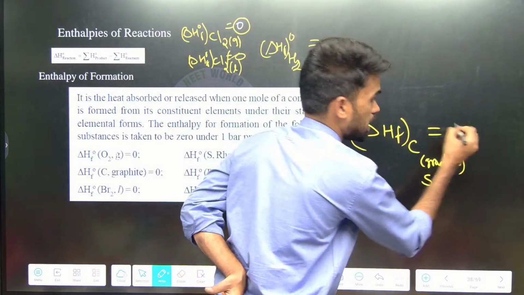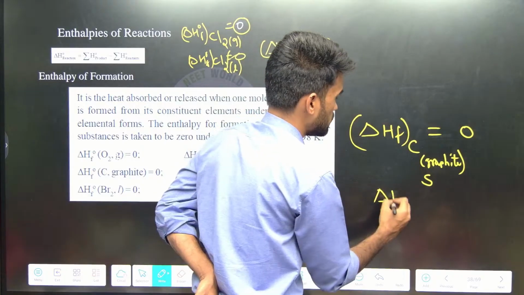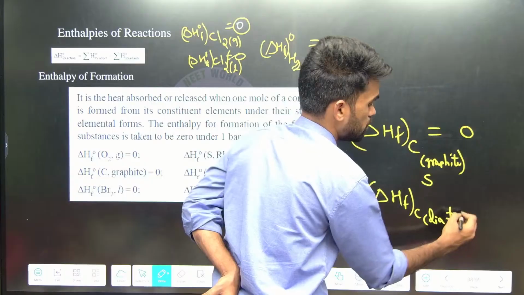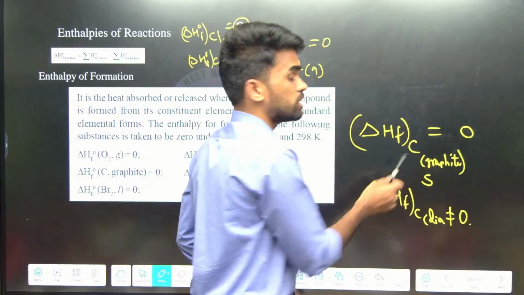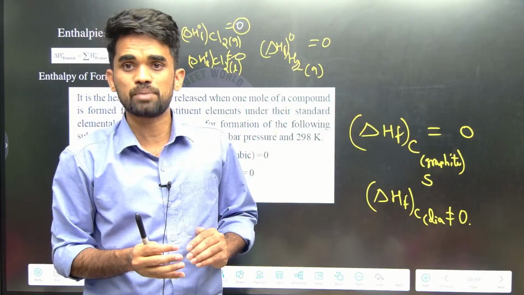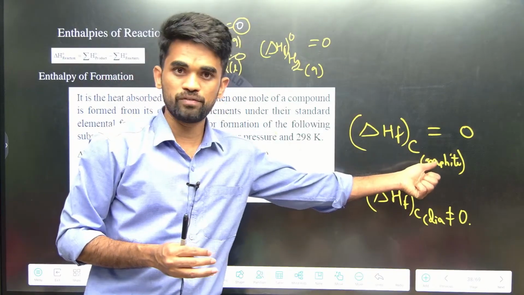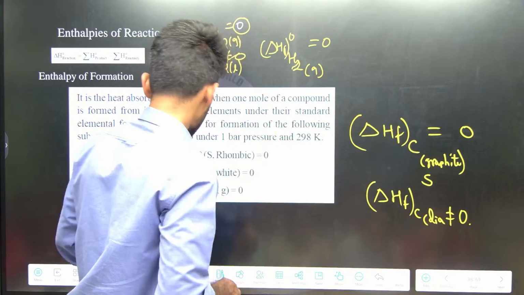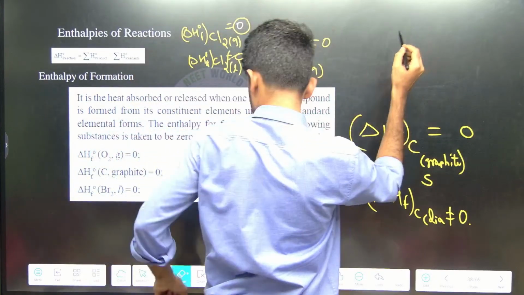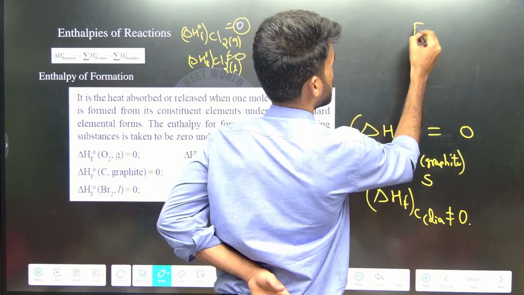So it will be taken as 0. But what about the diamond form? It will not be equal to 0, because we need to take the most stable form. What is the most stable form of carbon? Graphite form. Okay, right. Next, if I consider fluorine, what are the halogens, you tell me?